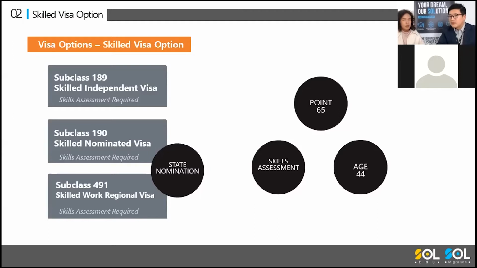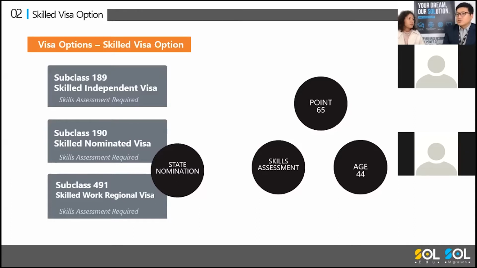So 65 points is not always enough to get the invitation, but in certain states, in certain situations, 65 can be enough as well. Can you tell us a little bit about how we get the points, where they come from? I will touch on the points later on, or maybe in a different topic next time, but the points always come from age, experience, your qualification and study, and also some specific skills such as NAATI, professional year and regional study.